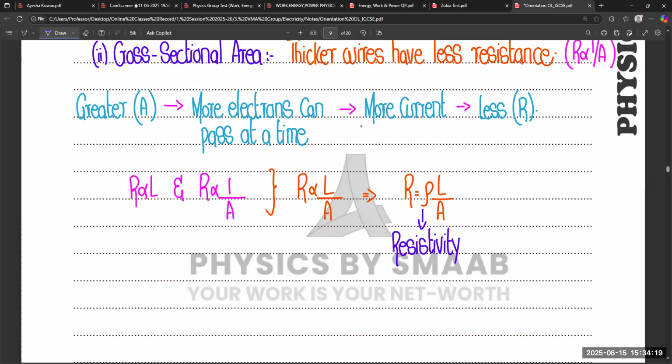For example, if we are using copper wire, this value will remain the same. In the same way, if we consider silver wire, the value for silver will be different and will remain the same.